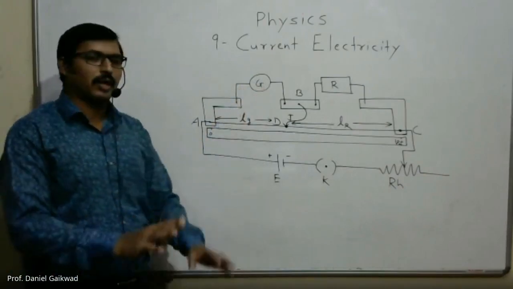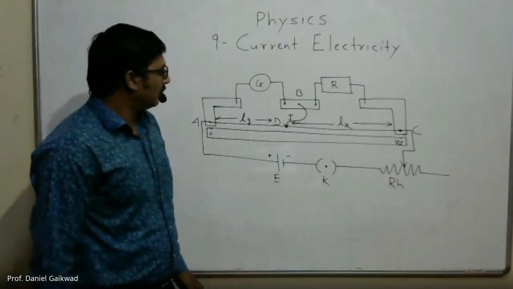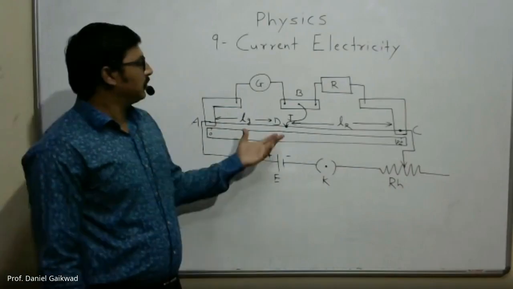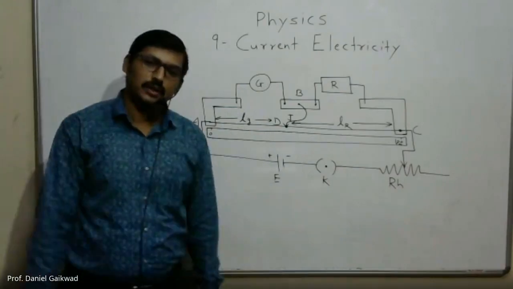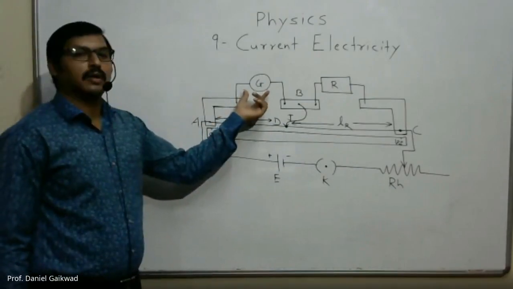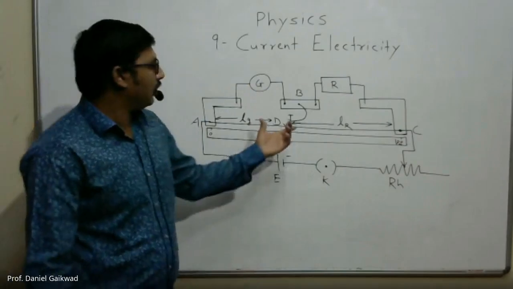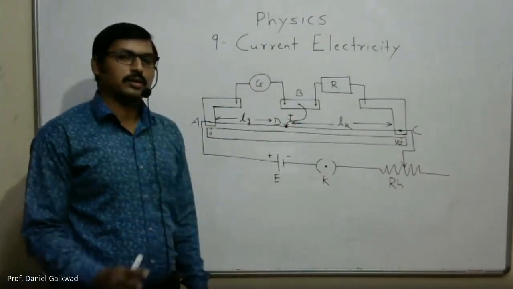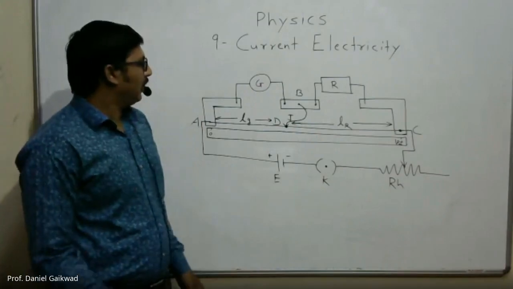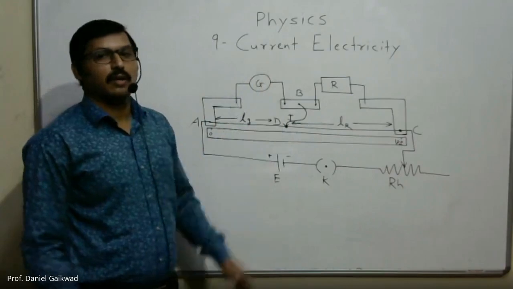But before that, we have a small topic of errors in that measurement. So what are the different types of error in the meter bridge circuit, that we are going to discuss here, and then we have the method to find the resistance of the galvanometer.